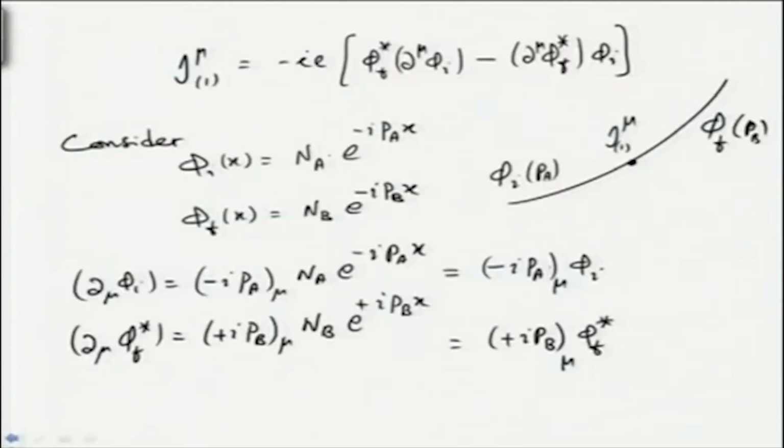We have in fact represented the particle by a wave function phi_i equal to N_A e^(-i p_A x). It has a momentum. It has some charge associated with that, that is understood.